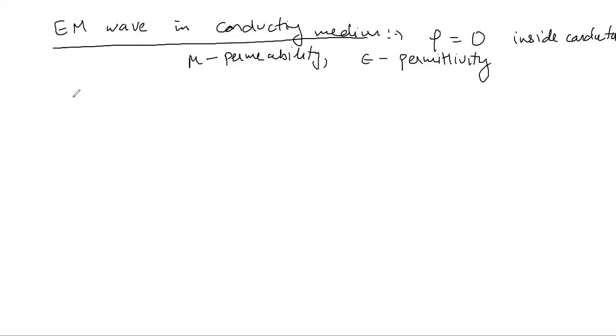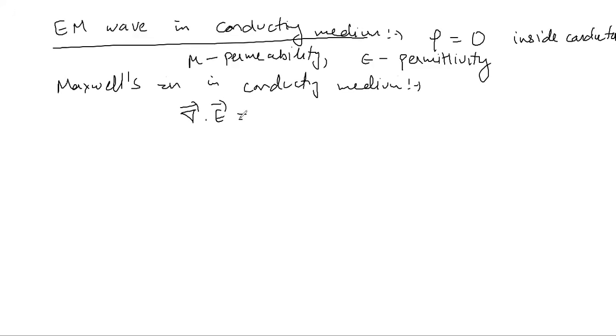If we talk about Maxwell's equations in a conducting medium, the first equation says that del dot E is equal to rho upon epsilon naught.